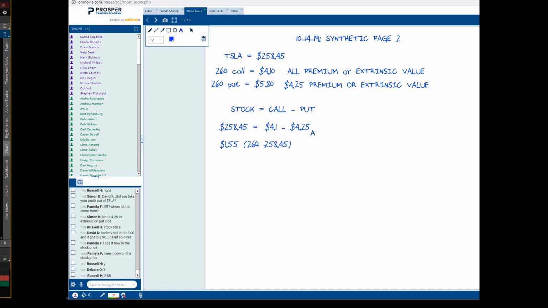So this extra 15 cents here would put us at a break even of 258.30. So anything over 258.30 you would be locking in money. Anything over 258.45 you would make more than the 15 cents.